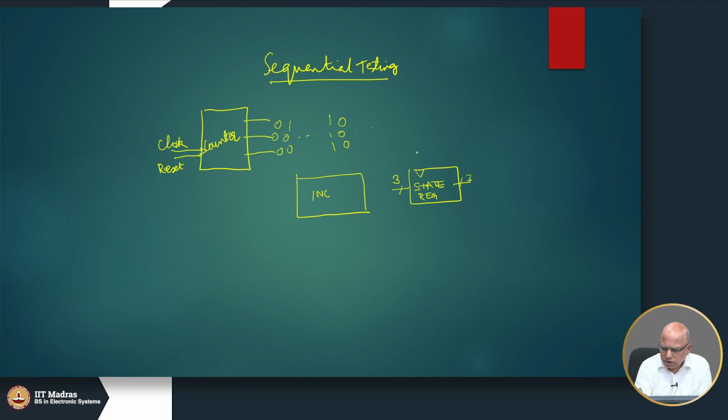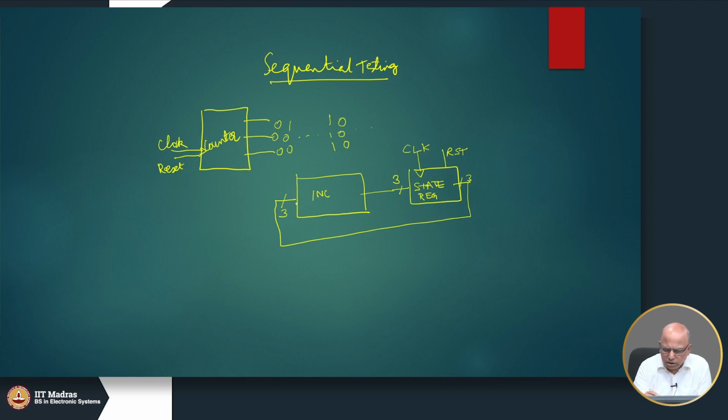It requires a clock, it requires a reset. Then the output of the state register is given as an input to the incrementer, and the output of the incrementer goes back as the input to the state register.